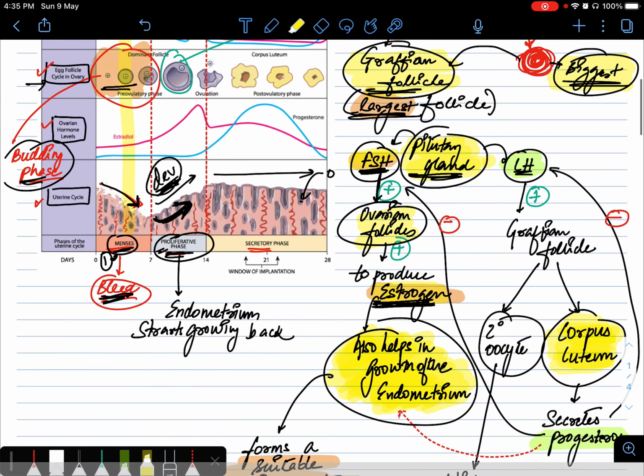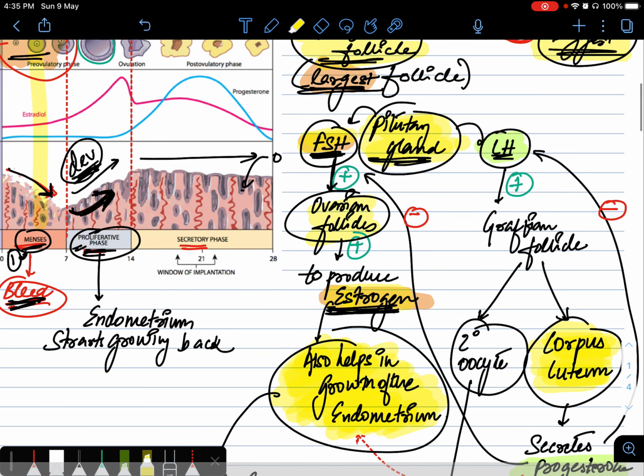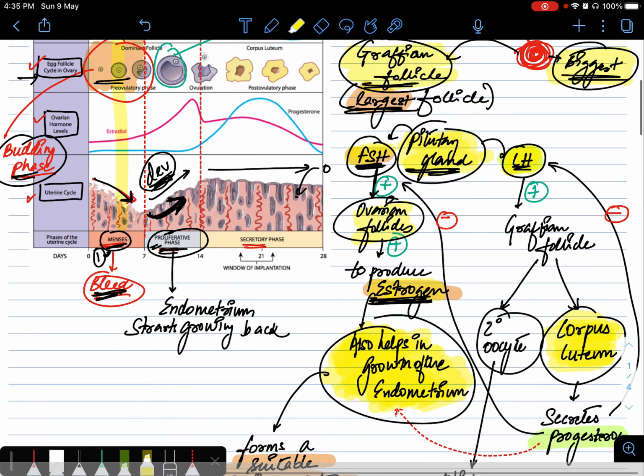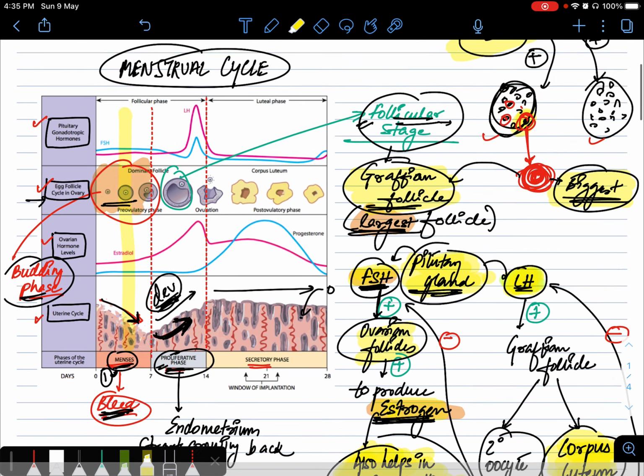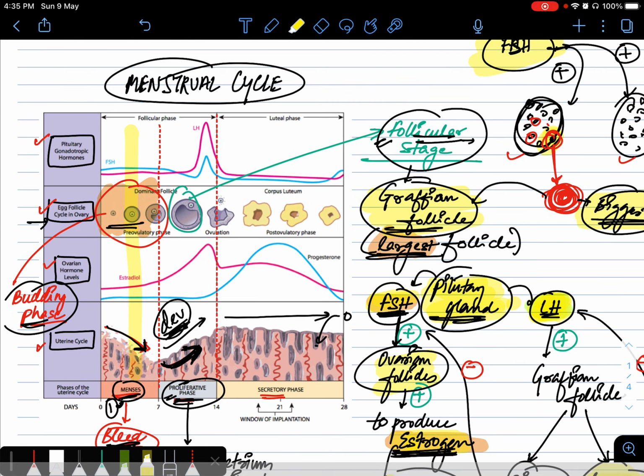Next, the pituitary is also producing LH hormone. LH means the luteinizing hormone. FSH is the follicle stimulating hormone. As you can see in the photo, the level of LH will slowly increase. This pink one is the LH hormone.